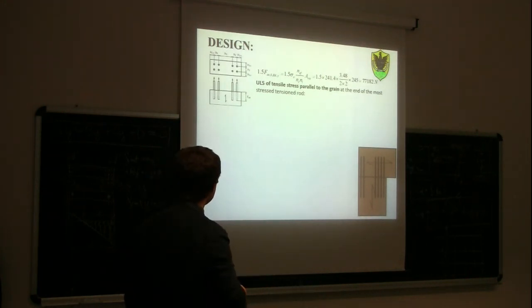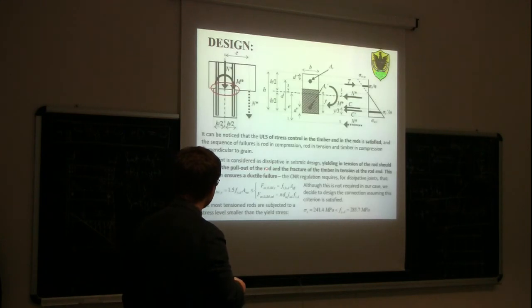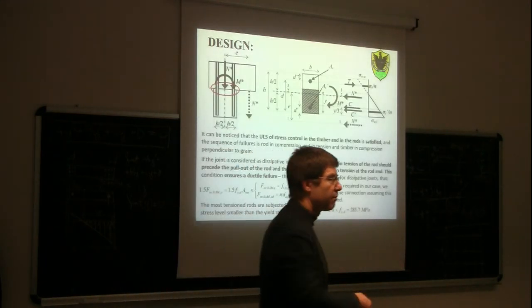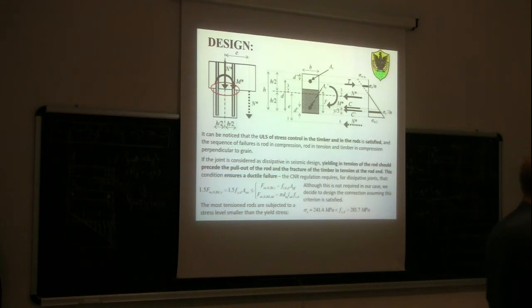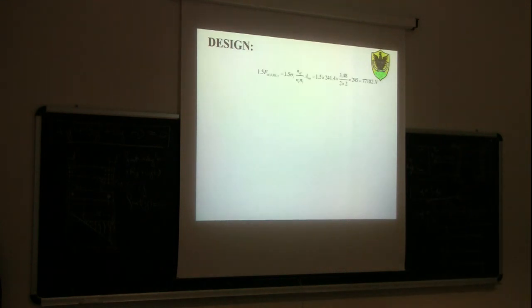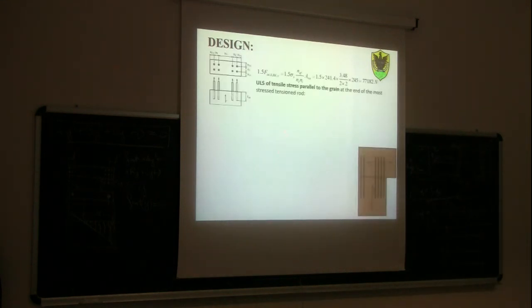The first of the other two failure mechanisms that we need to check is failure of wood parallel to the grain at the end of the rod, so the state of tensile stress parallel to the grain at the end of the most stressed tension rod. This is the most stressed tension rod.